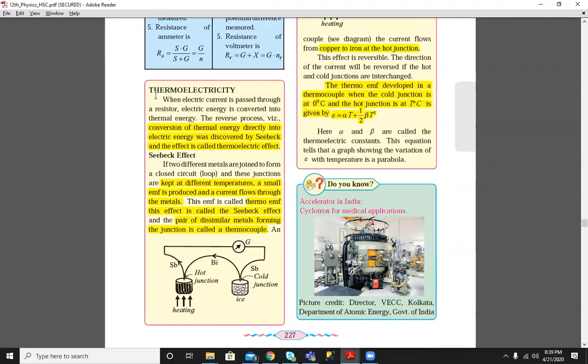So, what is thermoelectricity? We know that when current is flowing through a resistor, the resistor gets heated up, or whenever a current flows through a conductor, after some time the conductor gets heated up. So here electrical energy is converted into heat energy or thermal energy.